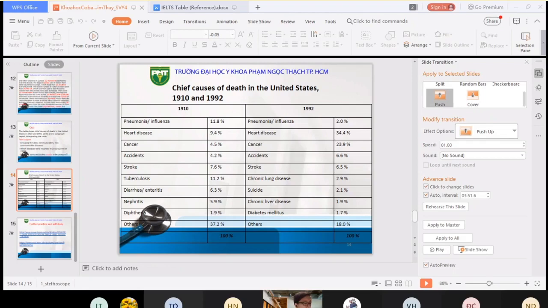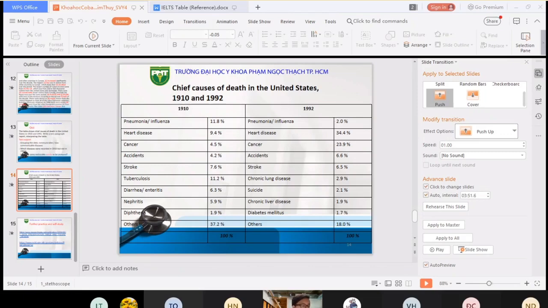Okay, so now we continue. I want to go into details. In the first body paragraph, I want to focus on the year 1910. Can you go into details?